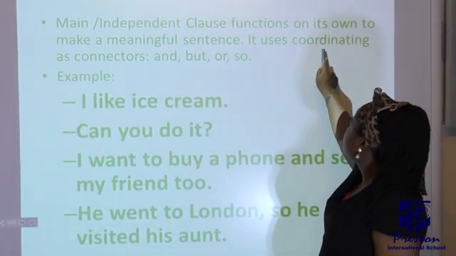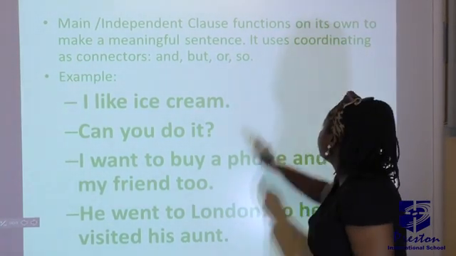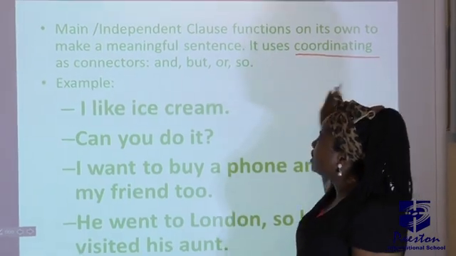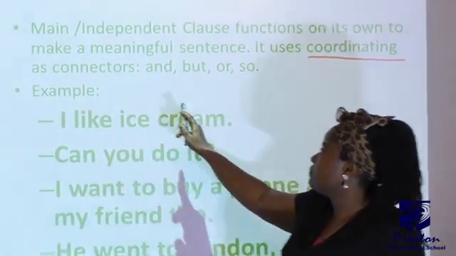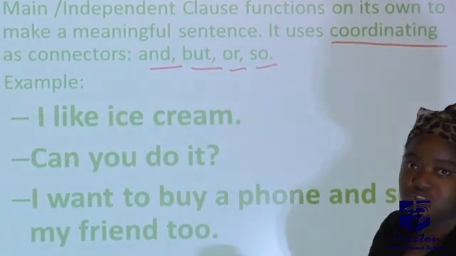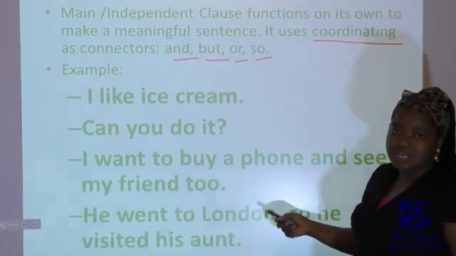Then take note, it uses coordinating conjunctions as connectors: and, but, or, so. I've taught you this before. I like ice cream. I can do it. These are clauses.